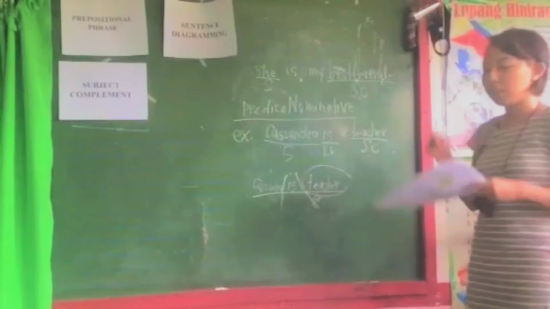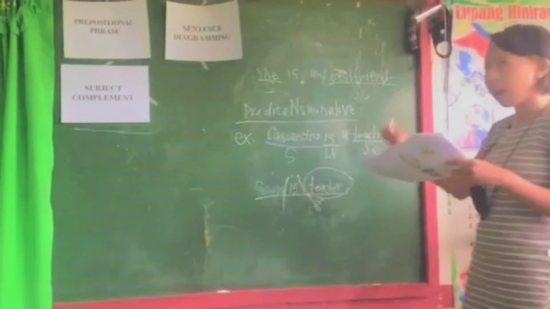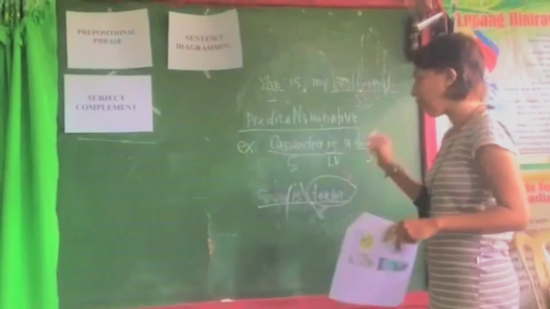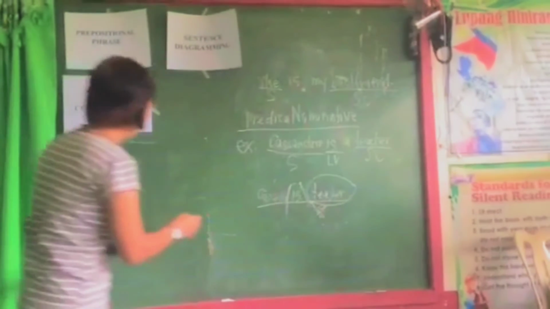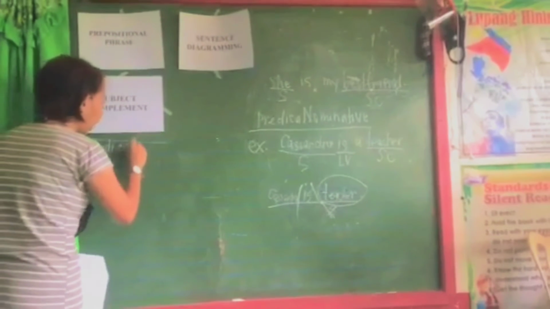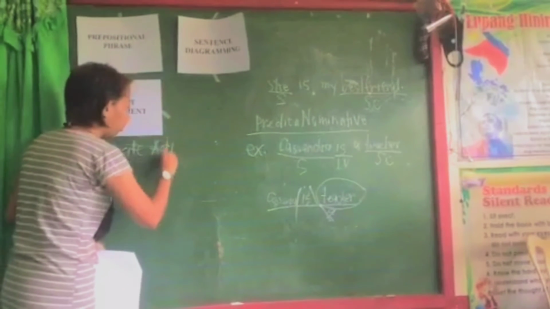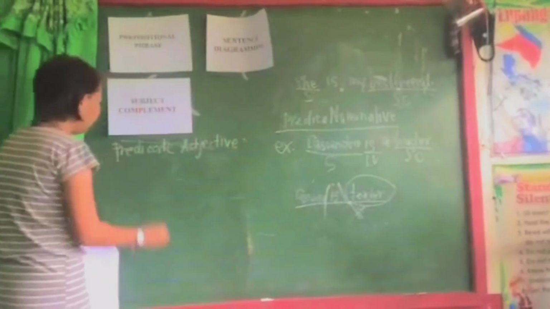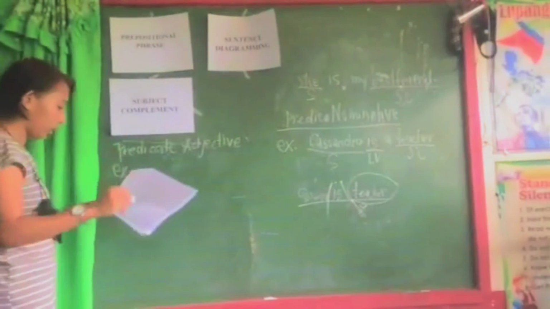Alright, now let us proceed to the next type of subject complement, which is the predicate adjective. Okay, let us have an example.